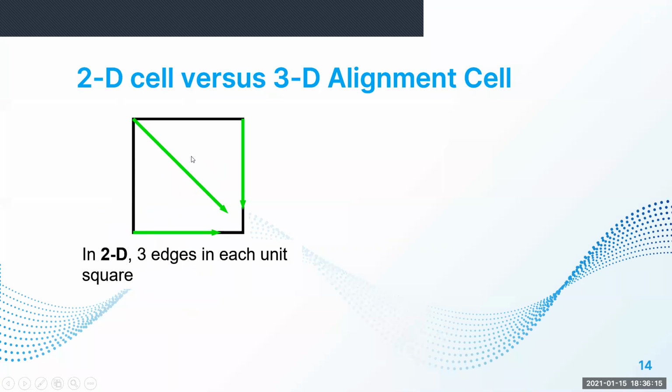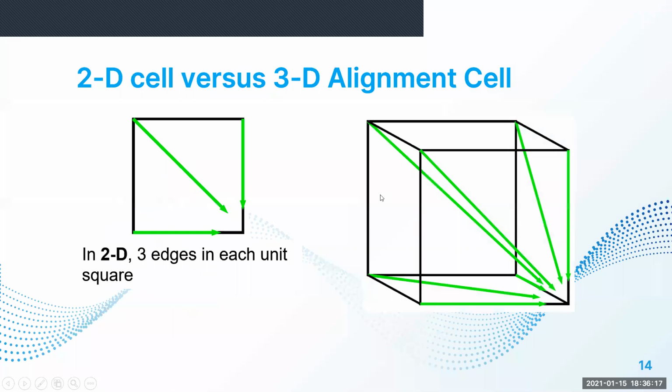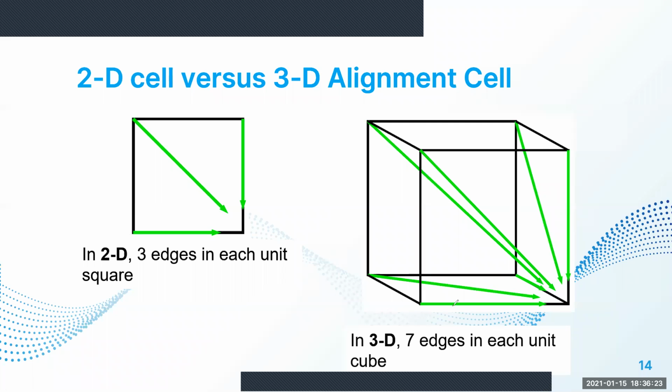In the 3D cube, we have 7 options. Can you see the 7? This is 1, 2, 3, so this is one plane. Then we have another plane here, 1, 2, 3, and this edge is the same for both these sequences.